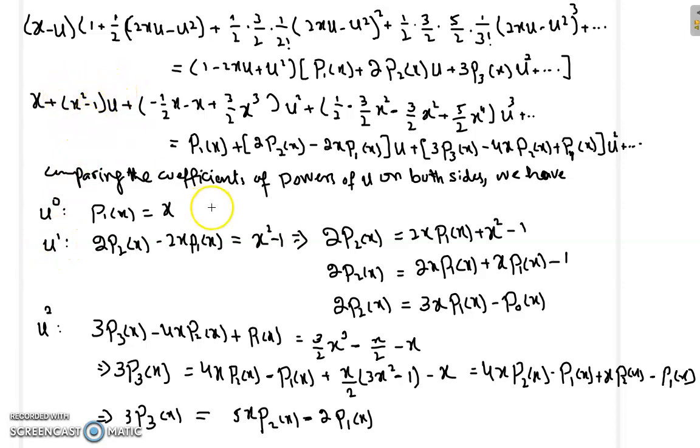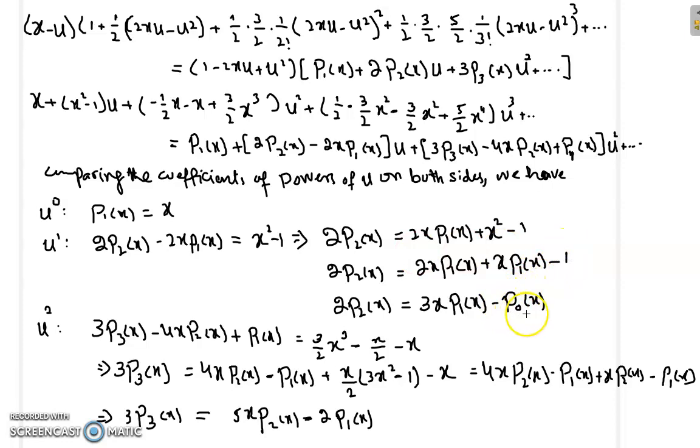x squared minus 1 is equal to 2p2 minus 2x p1, this one. So we have taken this one over here to the right side, and this can further be simplified: 2x p1, where x squared can be written as x into x, while in place of x we have put p1, and minus 1.